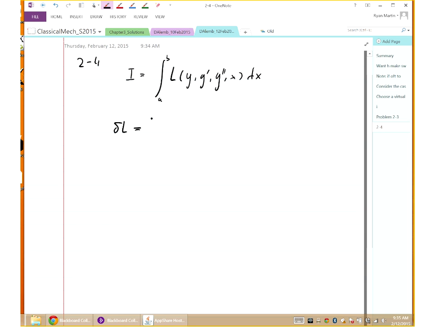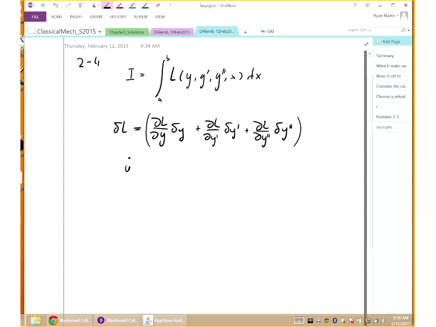So here again, you're going to need delta L, and that's going to be equal to ∂L/∂y delta y plus ∂L/∂y prime delta y prime plus ∂L/∂y double prime delta y double prime. So you're going to end up with this thing here in the integrand.